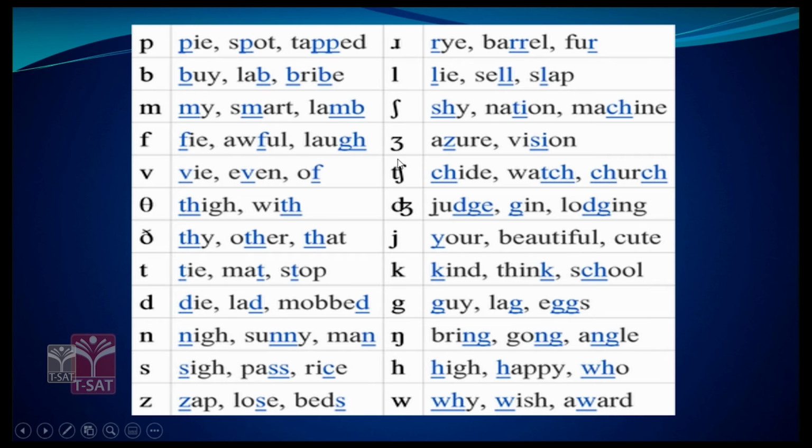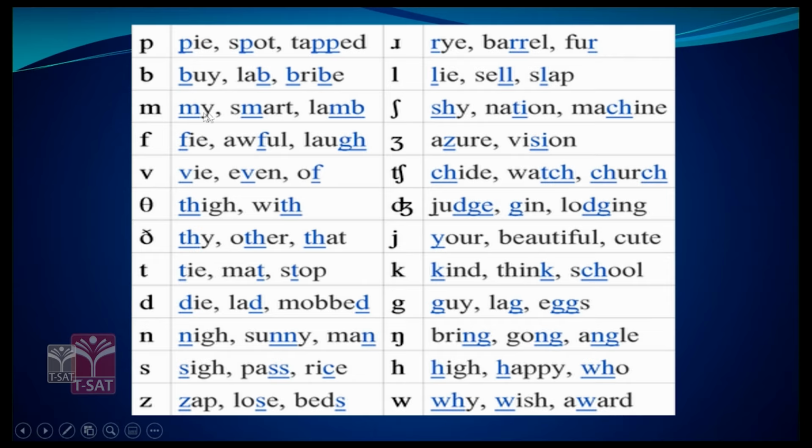And this chart gives us the details of the distribution of the speech sounds. And the phoneme p occurs word initial in pie, medial as in spot and tapped, and even it can occur at the end as in tap or tape, and b as in buy, final, lab, and medial, bribe.